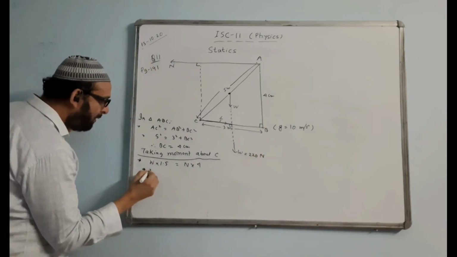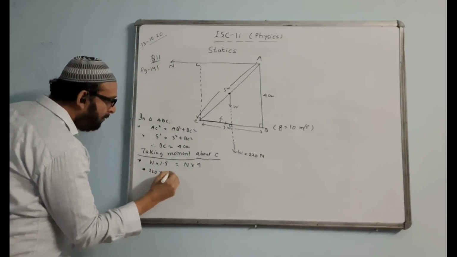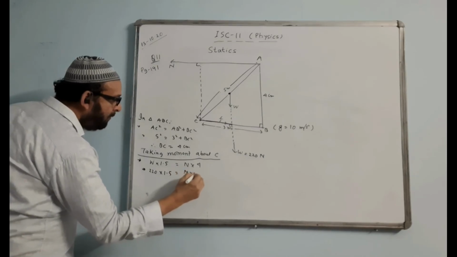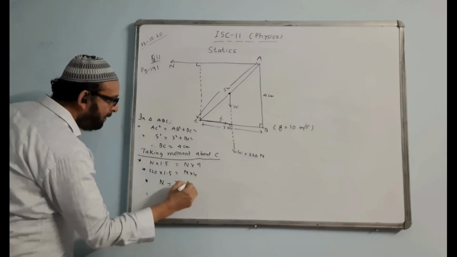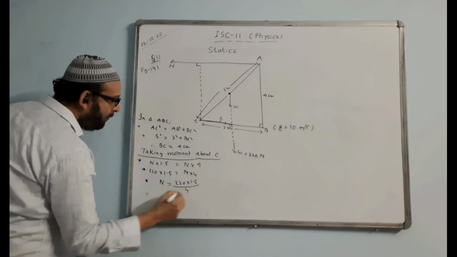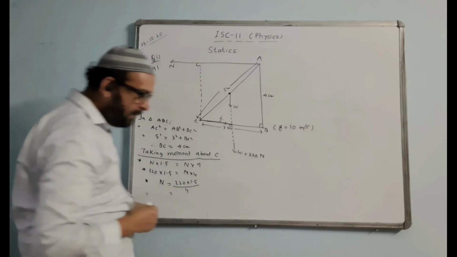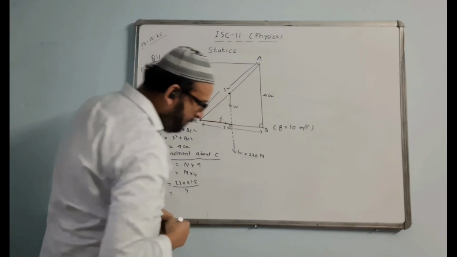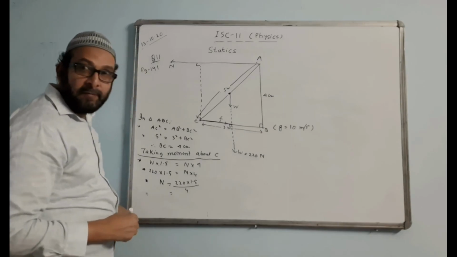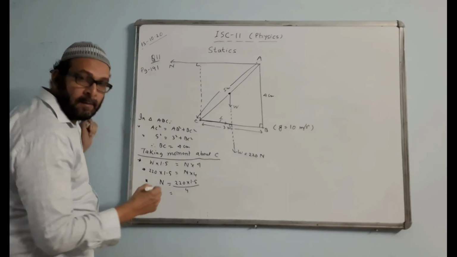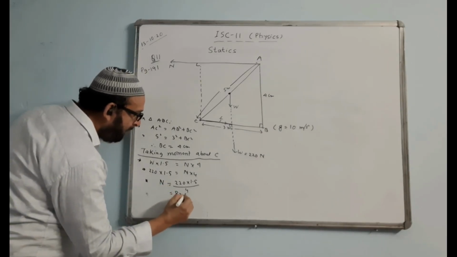So we get 220 into 1.5 equals N into 4. Calculate the value of N from this equation, 220 into 1.5 by 4. Check what answer is coming. 82.5 Newton.